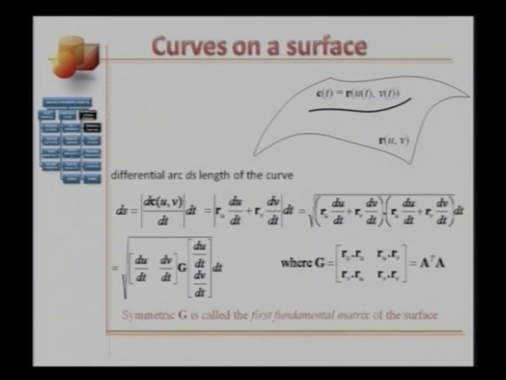The definition of G is related in this slide to the infinitesimal arc length ds along the curve c of t. We will now see certain properties of G. One of the properties that I had mentioned is that G is symmetric.